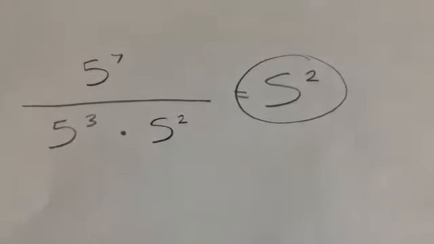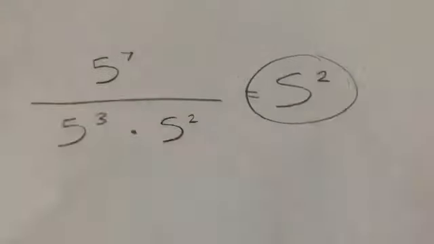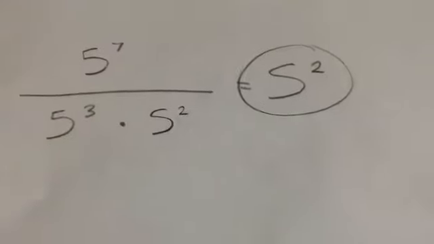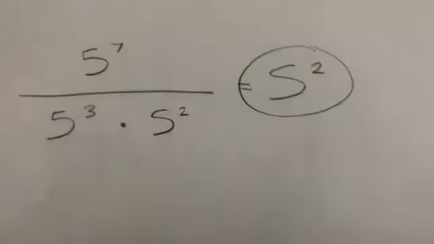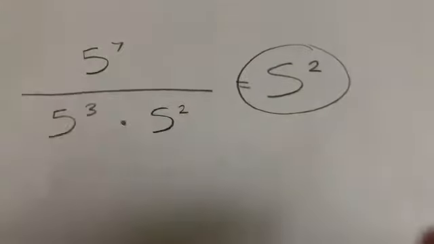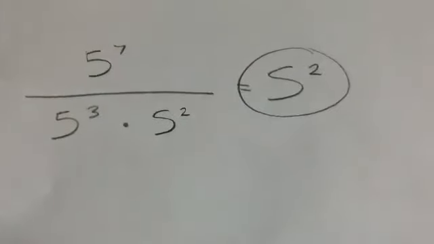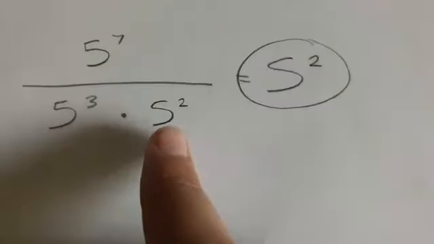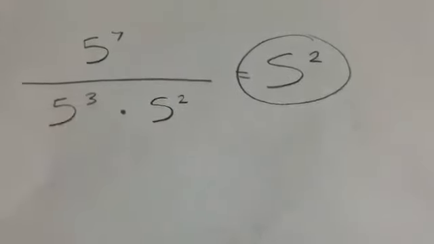Now I have one last problem. It's also a monomial division problem. It's not really necessary, but just in case you come across something like this, I'd say that you should start down here. So 5 to the third power times 5 to the second power. Once again, you keep the common base.